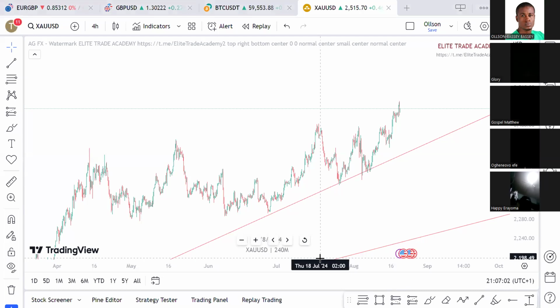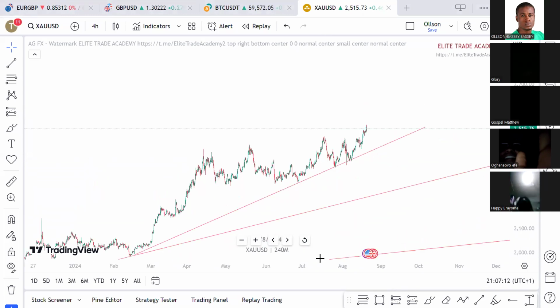Okay, so in our last class, we talked about how to use TradingView, and I also went further to show us how to spot market direction. I told us that price moves in three different ways: bullish, bearish, and consolidation movement. When we say price is bullish, we are saying that price is moving upward.